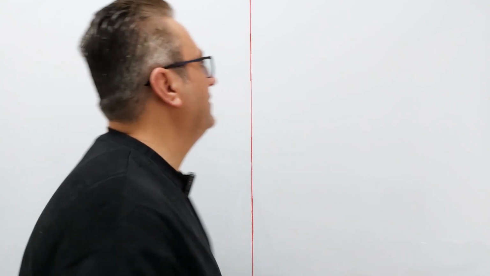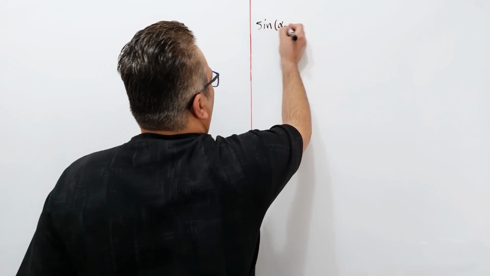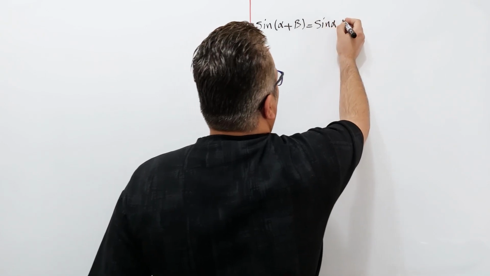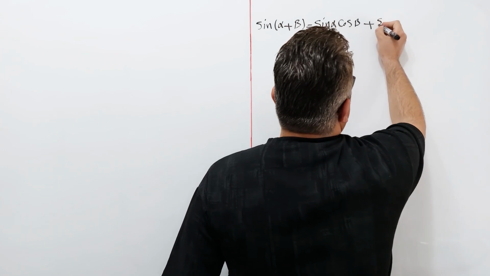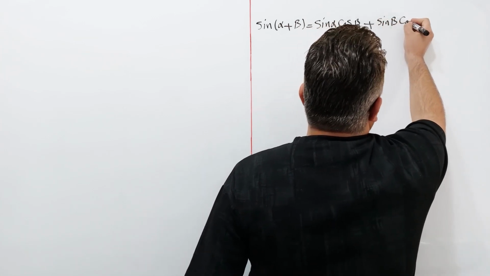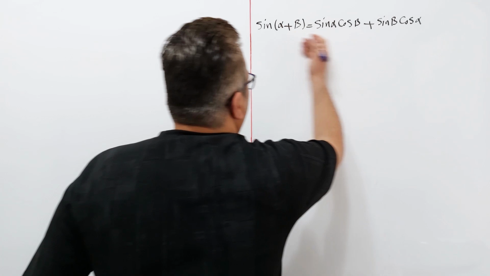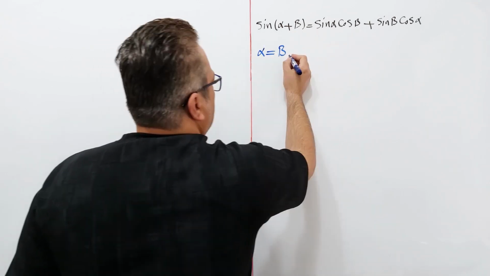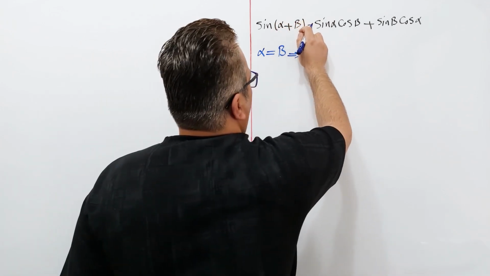So let's go. We know that sine of alpha plus beta is equal to sine alpha cosine beta plus sine beta times cosine alpha. Okay? And if in this formula alpha is equal to beta, we have sine of alpha plus alpha.